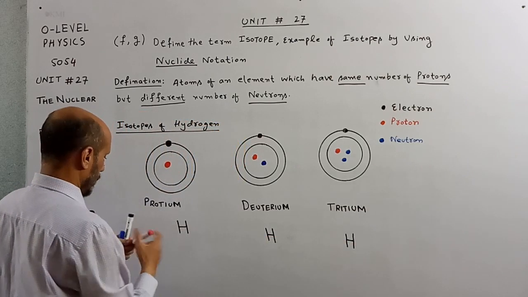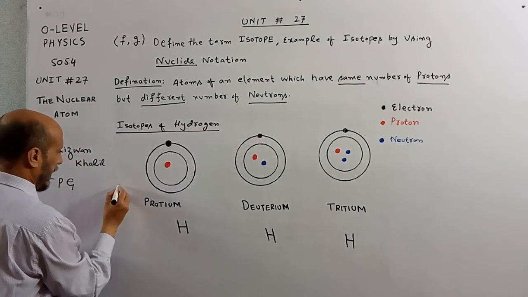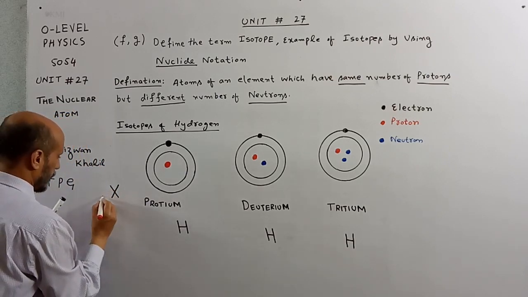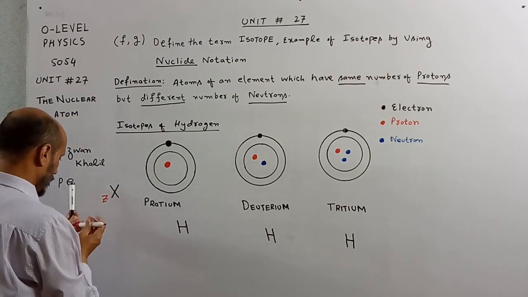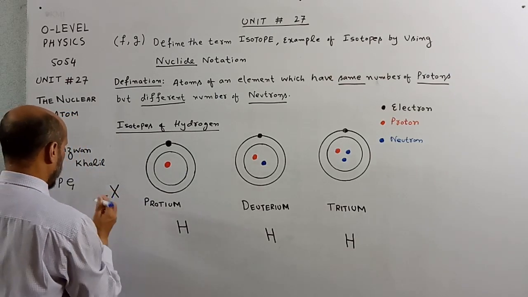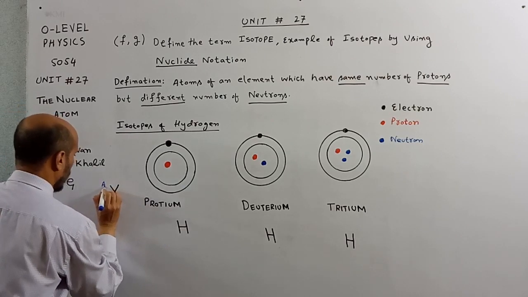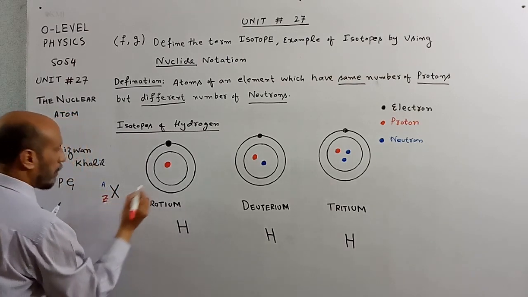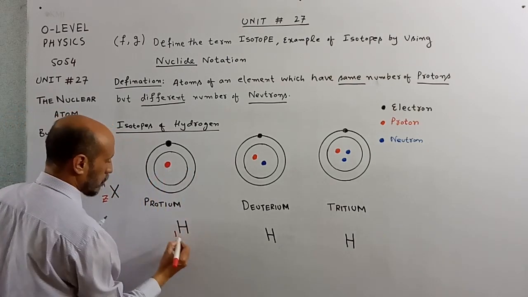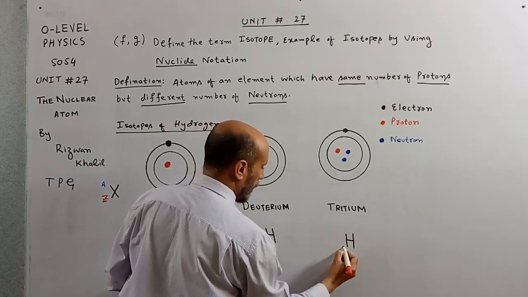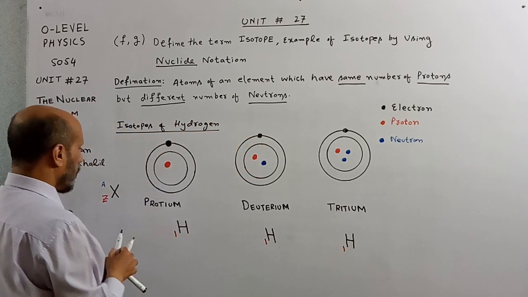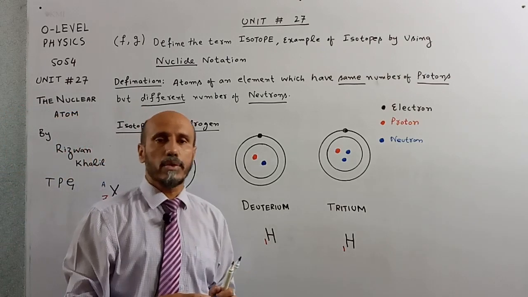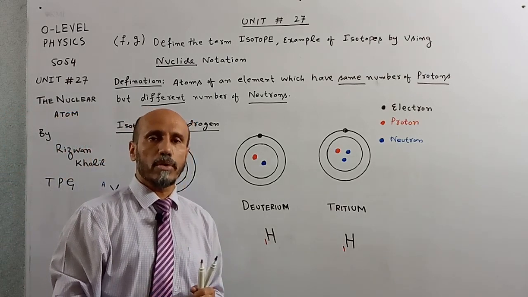Since the nuclide notation was like that, with Z and A, we will write over here, since the number of protons is 1, 1, 1 and 1. Now the atomic mass number will be equal to the number of protons plus the number of neutrons.